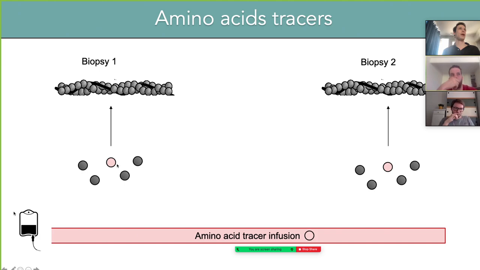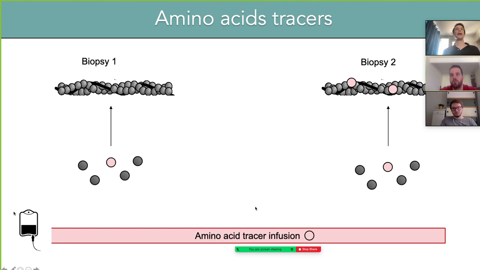Once you start giving some nicely colored building blocks, some of these building blocks will end up in your muscle protein. Before, we couldn't distinguish what were new and old amino acids, but once you give these special ones, the basic version is you say biopsy 1, there's none of these colored amino acids in the muscle, and then 5 hours later, all of a sudden we see that 3 of these colored amino acids are in the muscle. So based on how long you infuse, how much you infuse, and how many end up in the muscle, you can calculate how fast muscle protein synthesis is going on.